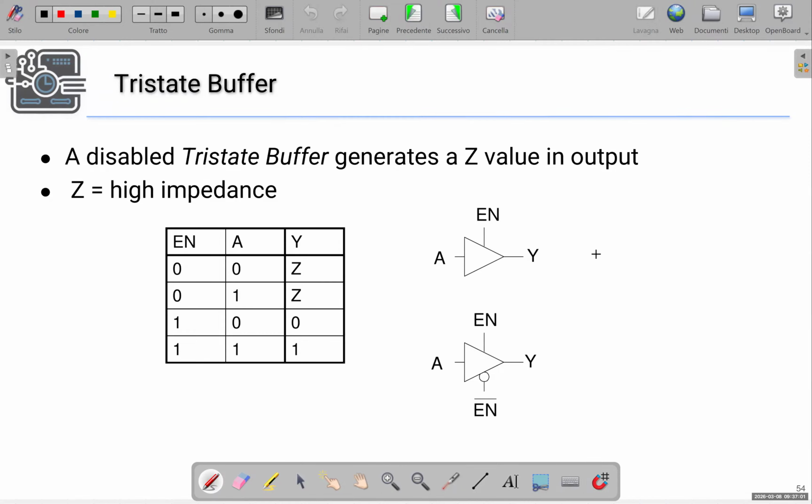In the example which I have presented before, we had a three-state inverter in which the output was the complement of the input, but clearly we can use the same approach for all possible functions, okay? Actually, as I have mentioned before, for three-state gates, the symbol is completed by these three horizontal lines, okay?